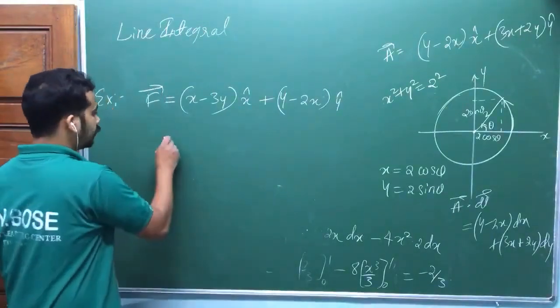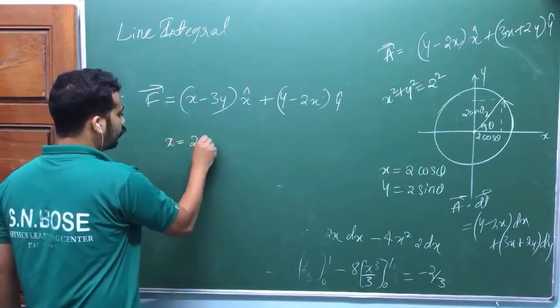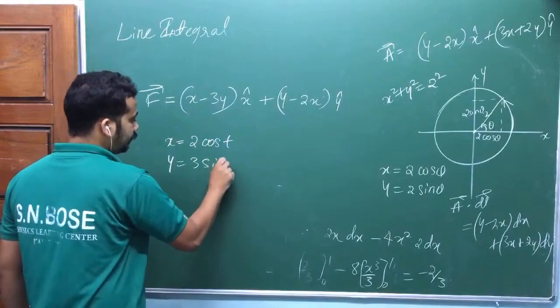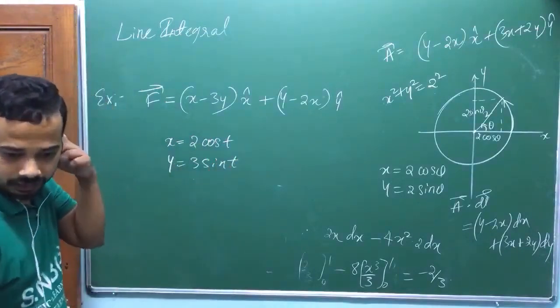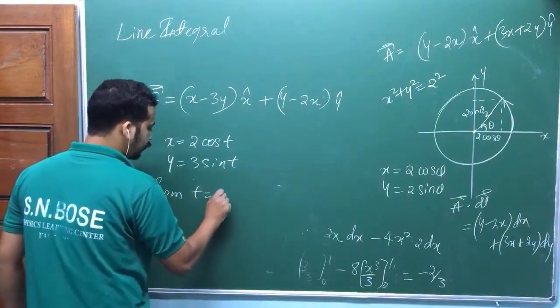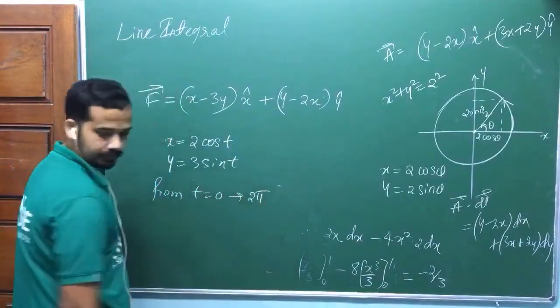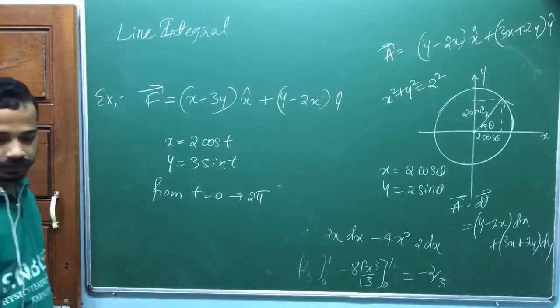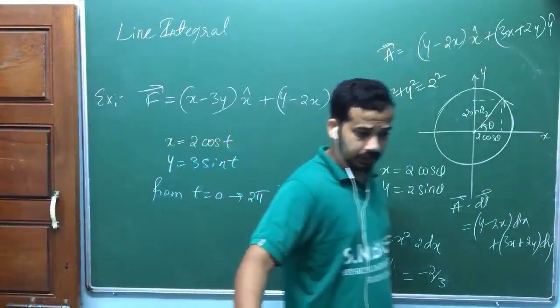Now look, he has given along the curve x equals 2 cos t, y equals 3 sin t, from t equals 0 to 2 pi, anti-clockwise. Whatever positive he is talking about, that is anti-clockwise only.